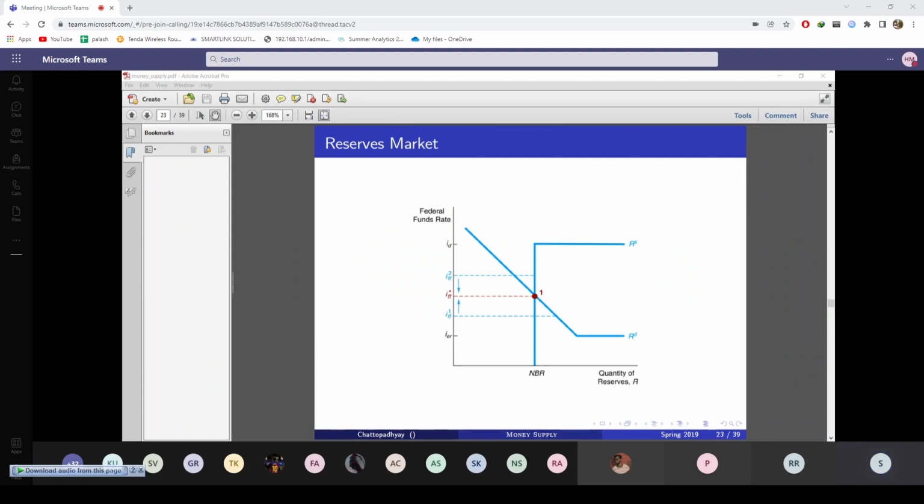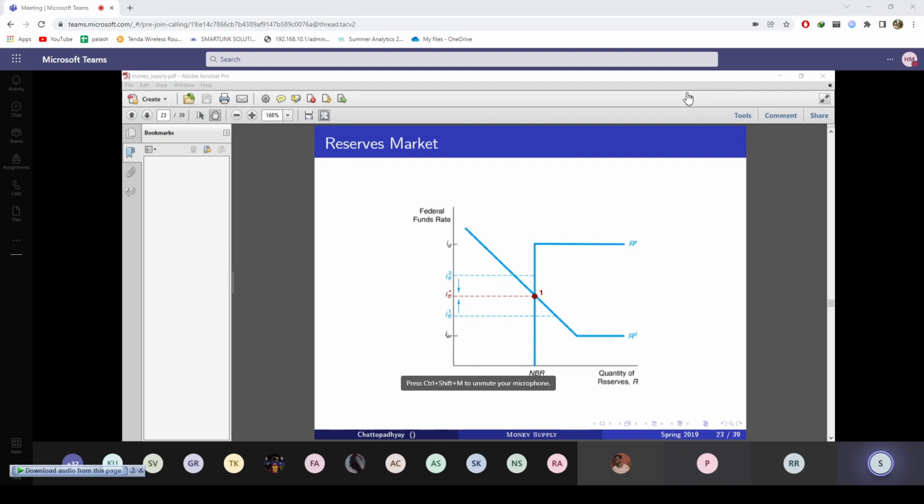Yes, sir. Sir, ID is the repo rate, right? ID is the repo rate. Is IER the interest rate on excess reserves? No, no, they are absolutely different. For India, there is no IER, interest rate on excess reserves.